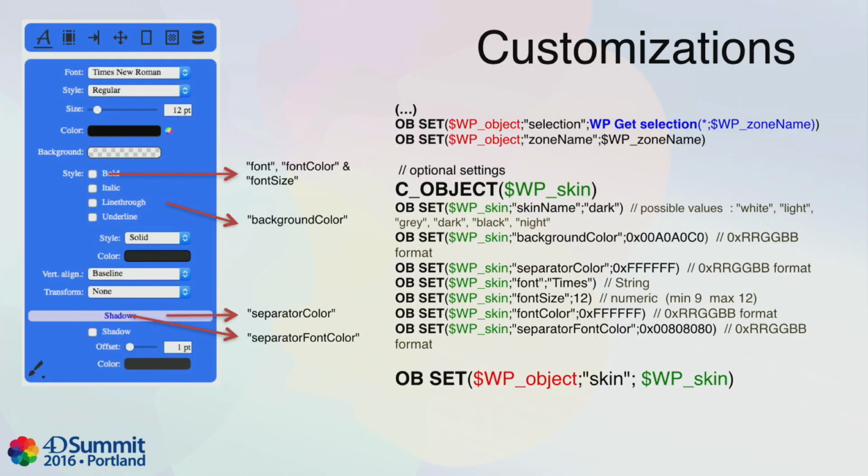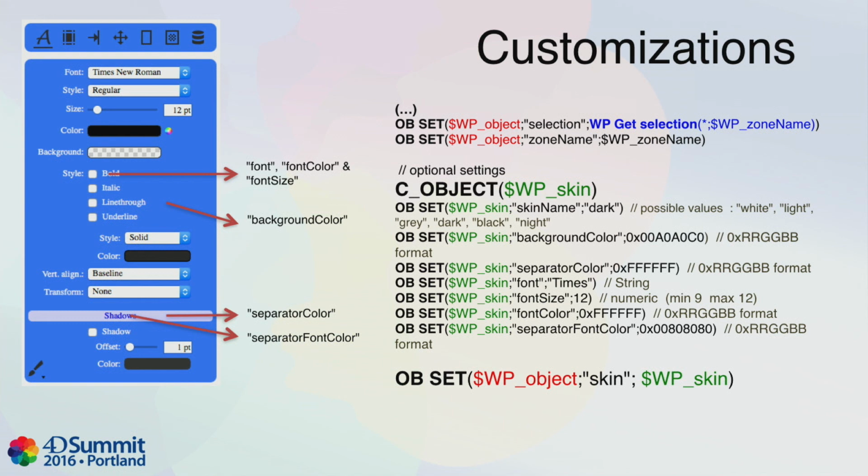So what we are going to see in the example in a couple of minutes is a customization. If your interface is blue, you may want the UI of these widgets to be blue too. So what you have to do is to fill up a third attribute in the main object.